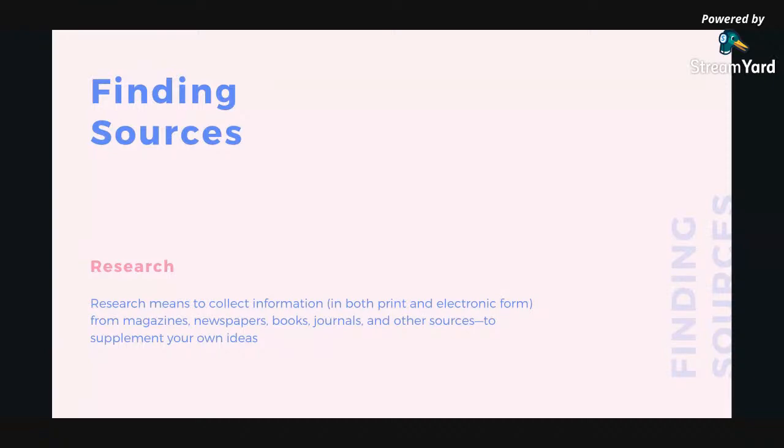So these can come from magazines, newspapers, books, journals, other sources. And actually, you could have credible sources on social media. Again, that'll depend on the evaluation of them and how all that turns out.